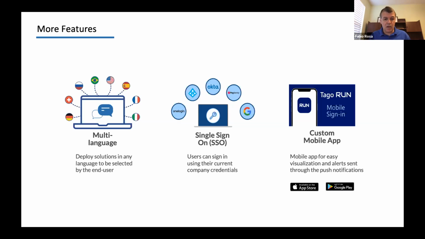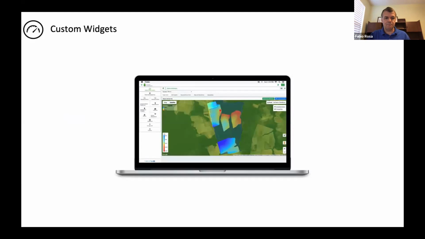It helps a lot in terms of security and control for you and for your IT department. And also you have the custom mobile app. For free, you can get the TagoRun mobile app and have your application right away, even with your logo. But if you want to remove Tago completely and you want to deploy to the stores like the App Store and Google Play, you just work with us and you have this available.